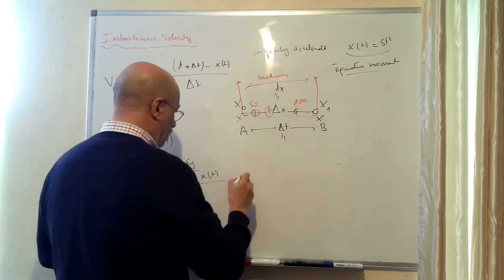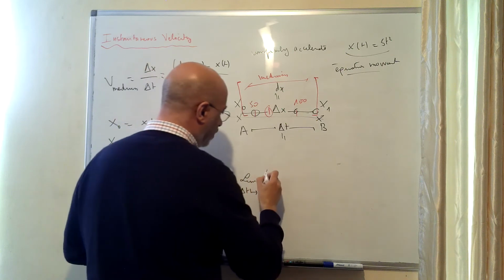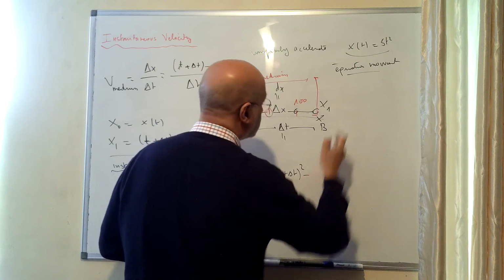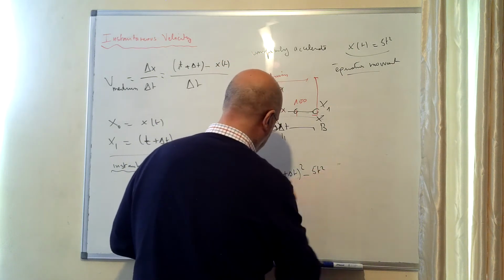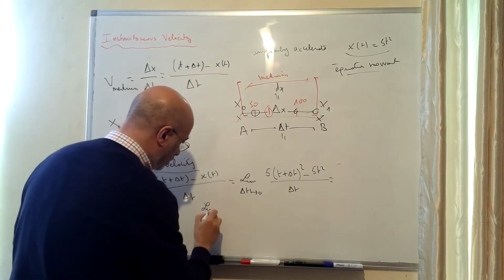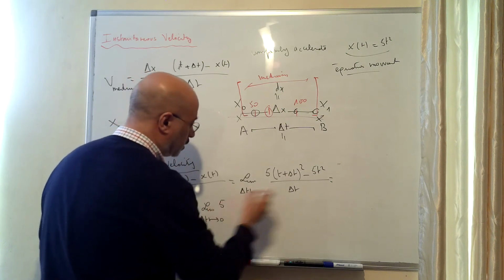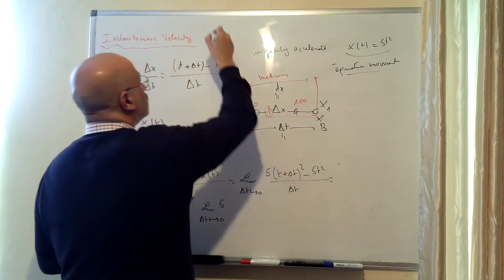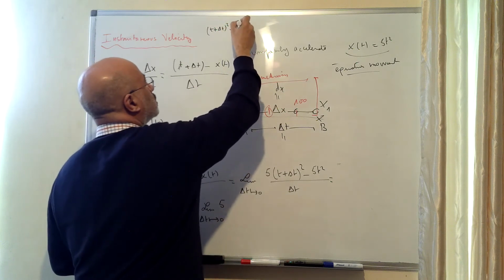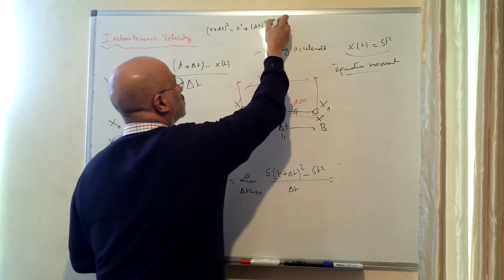So our question will be the limit when del t tends to 0 of 5(t + del t) squared minus 5t squared, over del t. (t + del t) squared is t squared plus del t squared plus 2t del t.